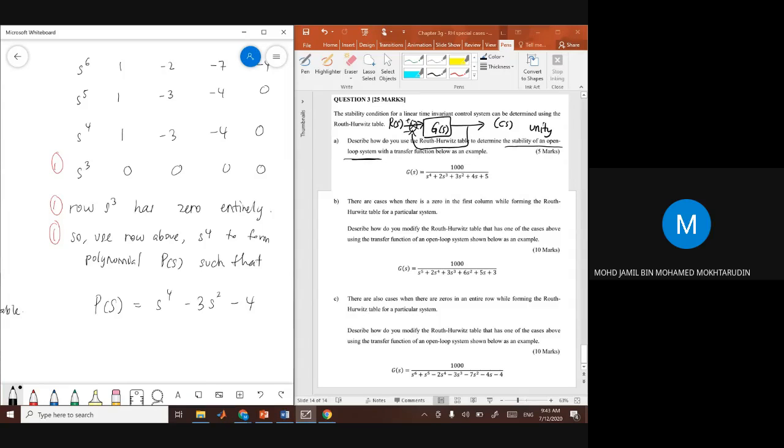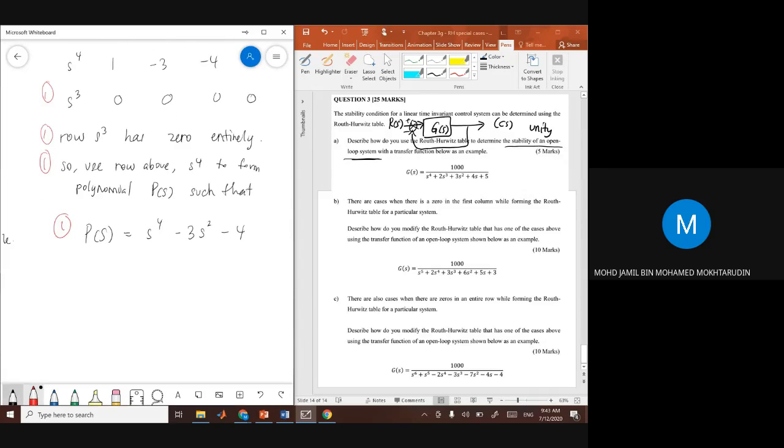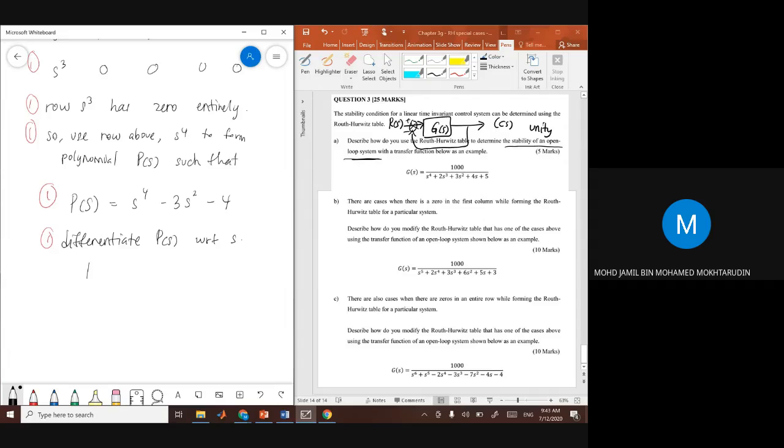Okay, satu markah lagi. And then differentiate PS with respect to S. So dPS/dS, you get 4S cubed minus 6S. Okay, satu markah lagi.